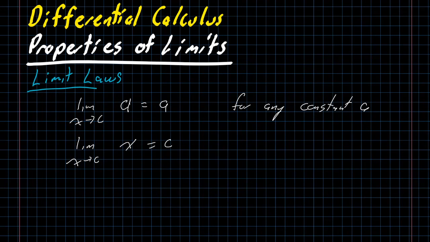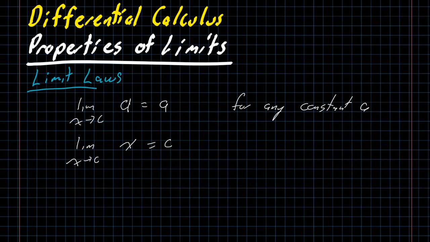If you are following along on the line y equals a, no matter where you are, the line is just going to keep being at a. Nothing happens there. If you're following along on the line y equals x, whatever x you are looking at, the y is the exact same thing.